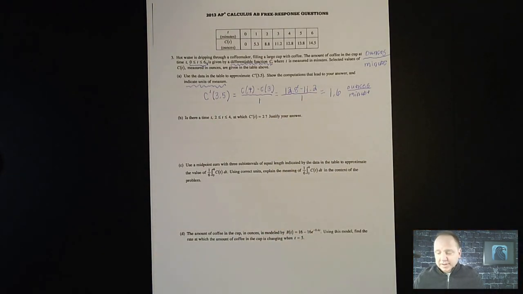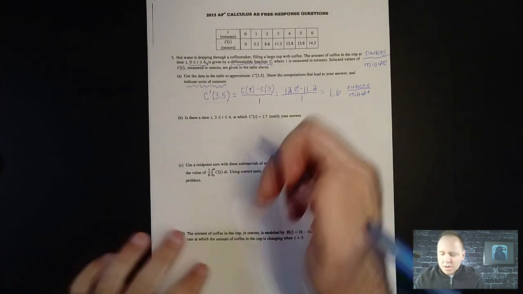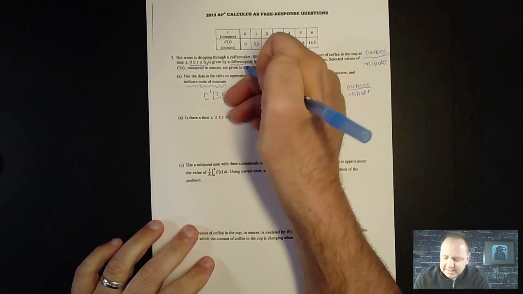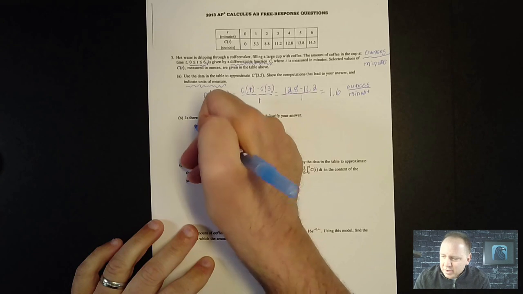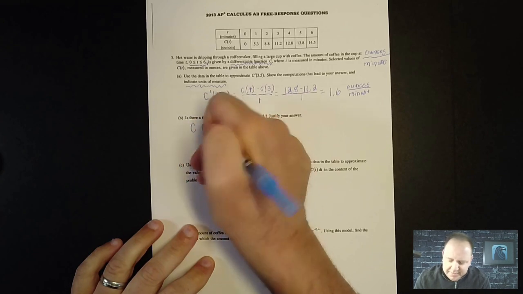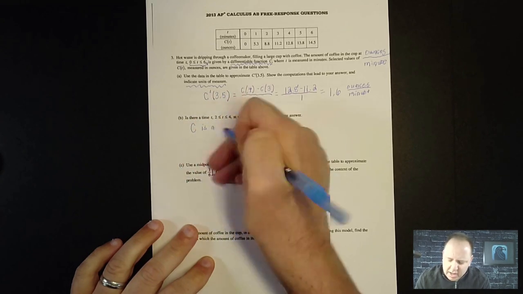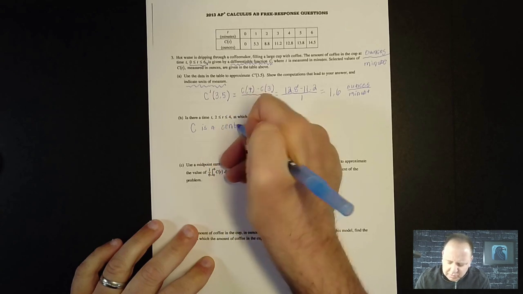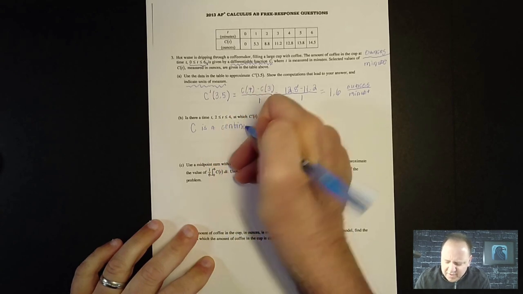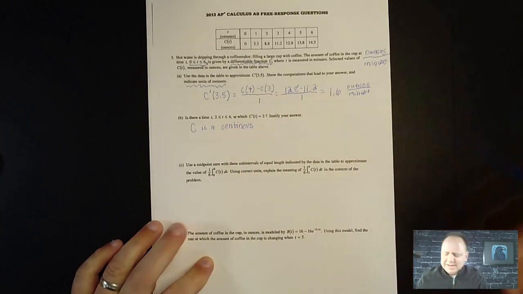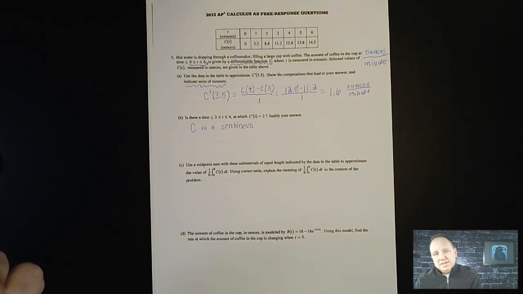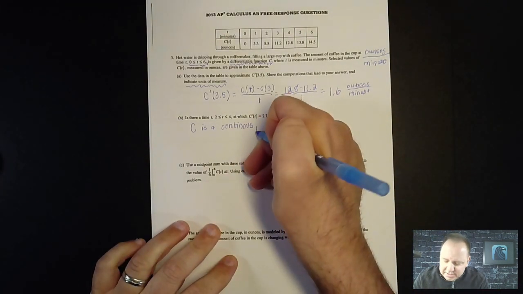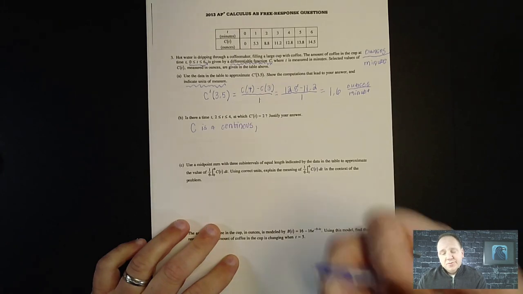All right, so let's break this down. Now remember, C is differentiable, right? So I would let them know that C is continuous. Because remember, for the mean value theorem, in order for me to calculate the slope of the secant line, I have to have continuity on the closed interval from 2 to 4. So it's continuous, but I also need to show differentiability now.